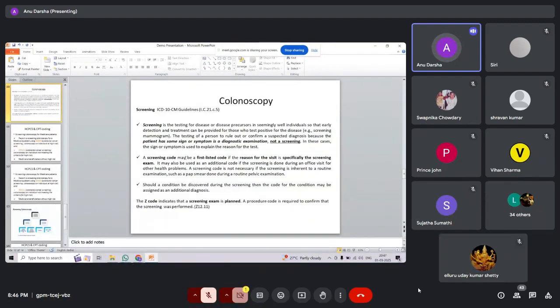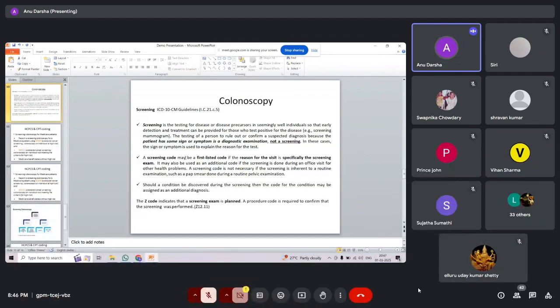If all four are no, then you have to consider the patient as not meeting criteria for high risk. It means the patient is at low risk. When they do not have any personal or family history, we will consider the patient at low risk for colon cancer.